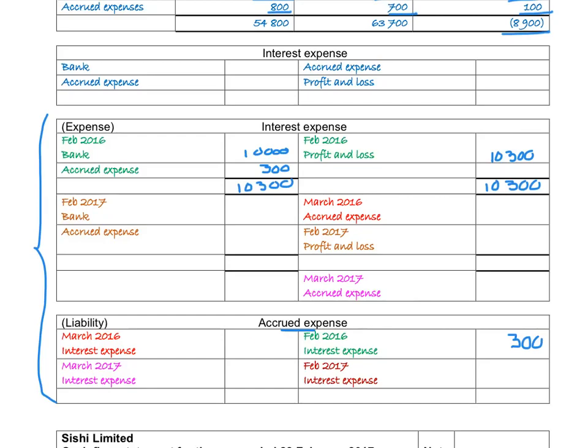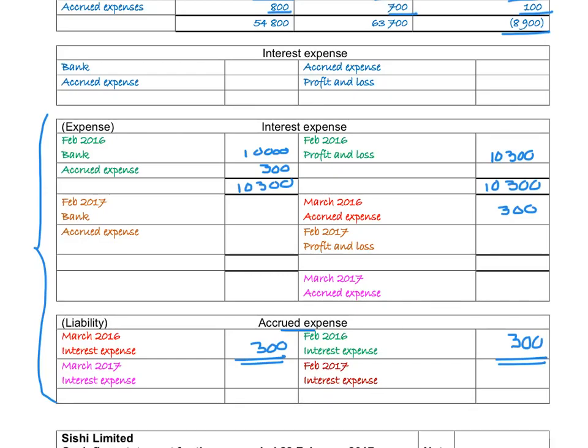I will have to debit this account so that I can close this accrued expense account at the beginning of the year. And because I debit accrued expense, I will credit my interest expense account with the 300 Rand, indicating that we owe 300 Rand at the beginning of the year.